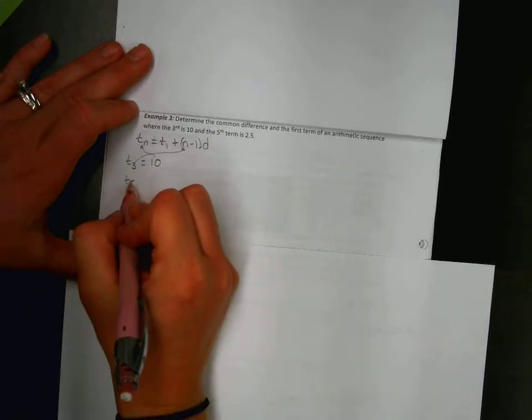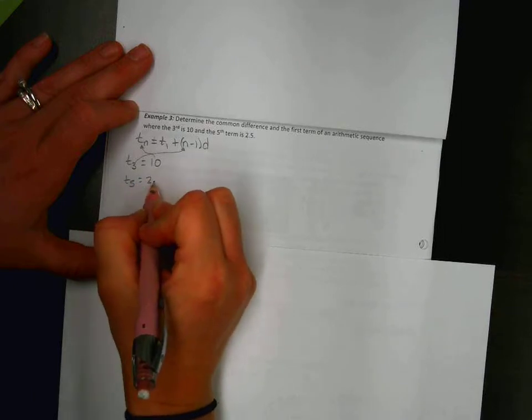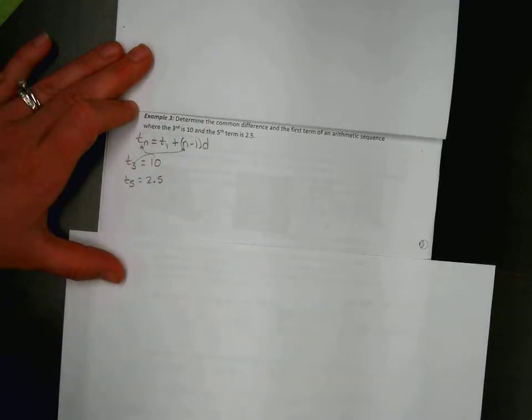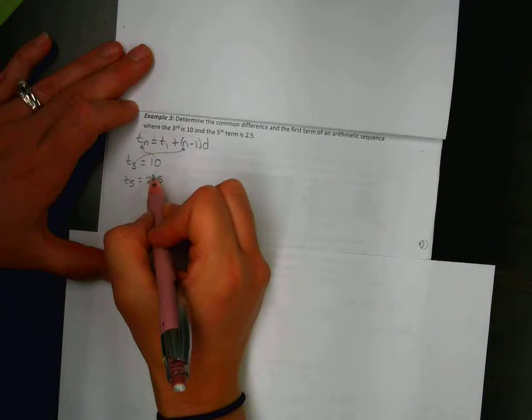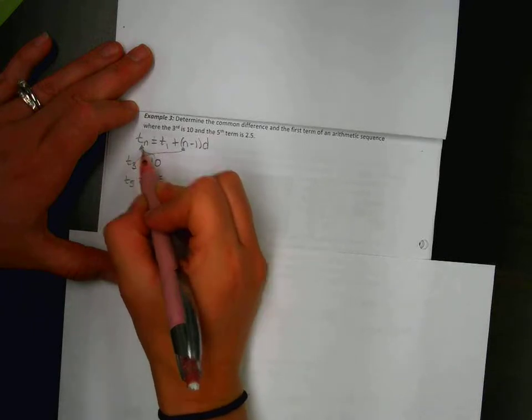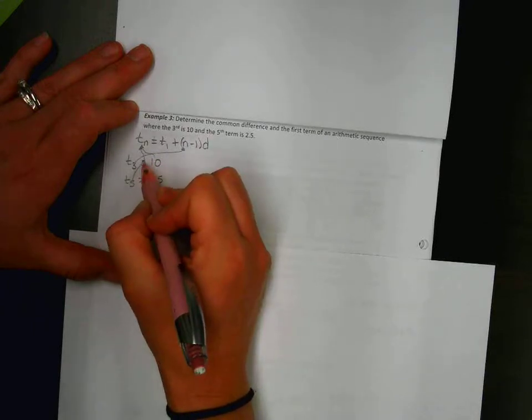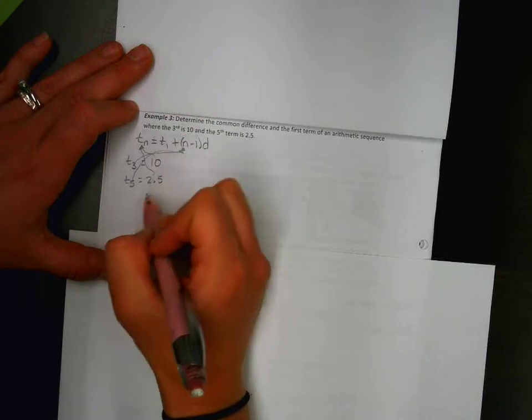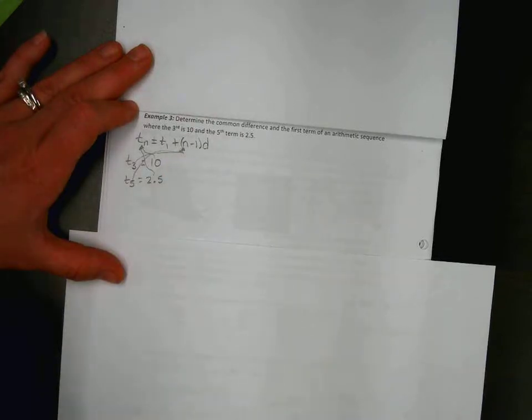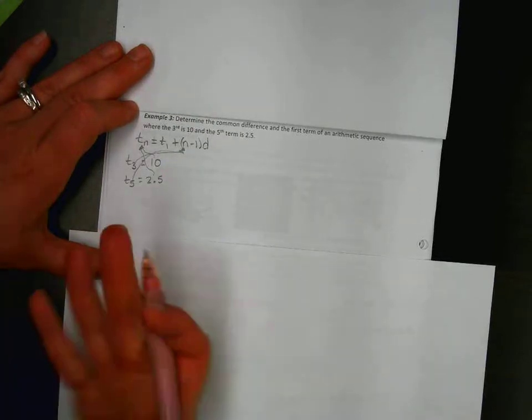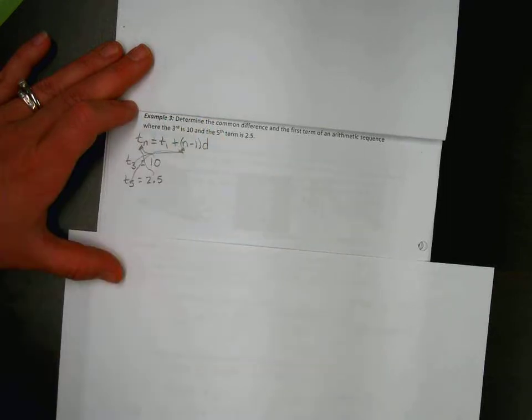Same with this information, it really doesn't help us either. It again gives us this general term and gives us the term number for that information. So we can't necessarily use this formula to solve this problem.